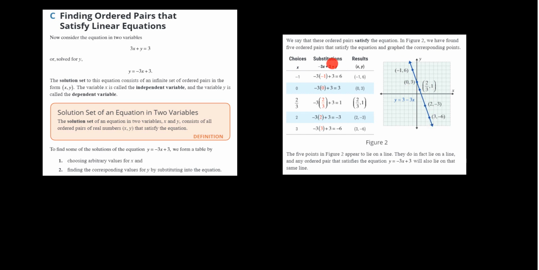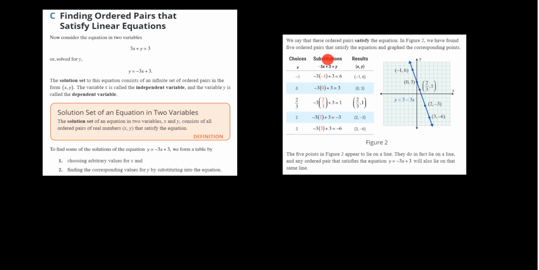Now again, there's an infinite amount of these solutions, but these are just the ones that the textbook decided to choose. And it says choices, x. We choose x, it's independent. We plug in, in this particular case, negative 1 right here, 0 here, 2/3 here, 2 here, and 3 here. We choose x because it's an independent variable.